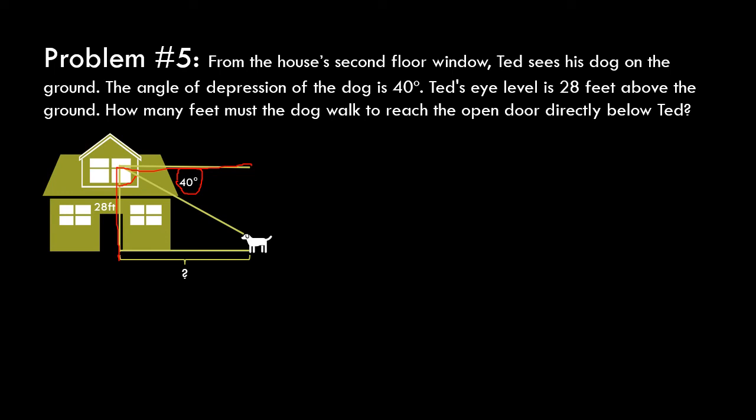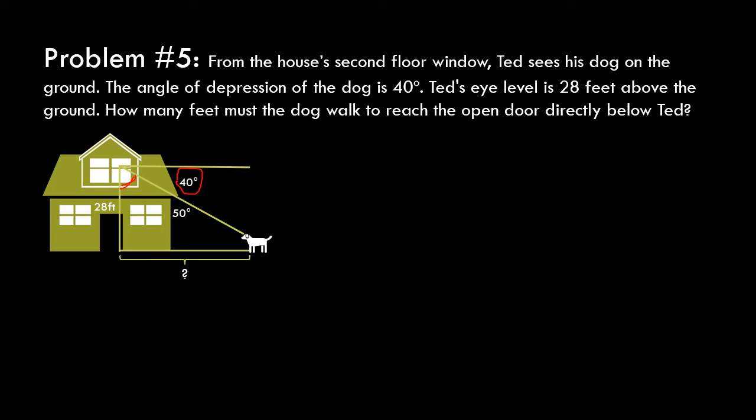And the measure of a right angle is exactly 90 degrees. So in order to find the value of the angle right here, we simply need to subtract 40 degrees from 90 degrees. So you subtract that, we're going to get the value of 50 degrees.